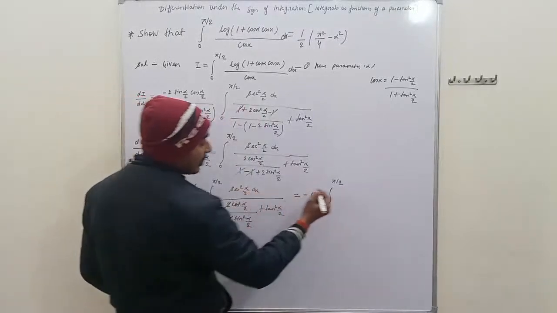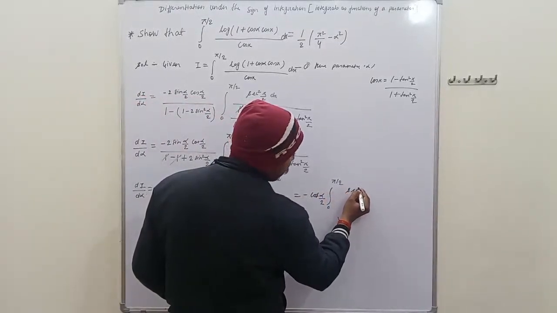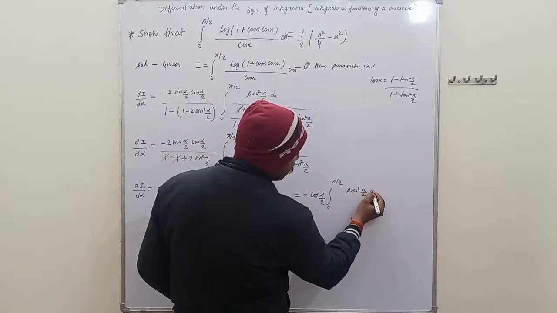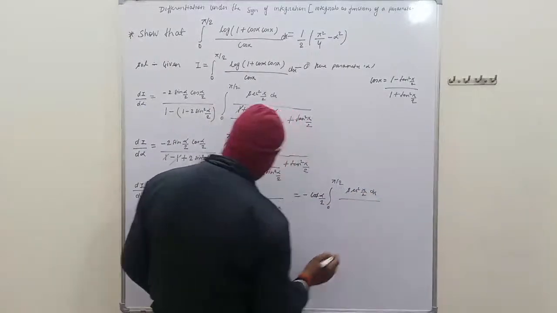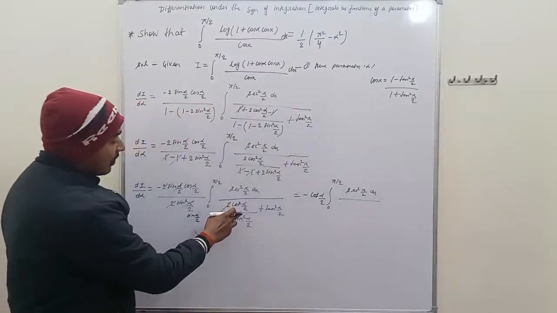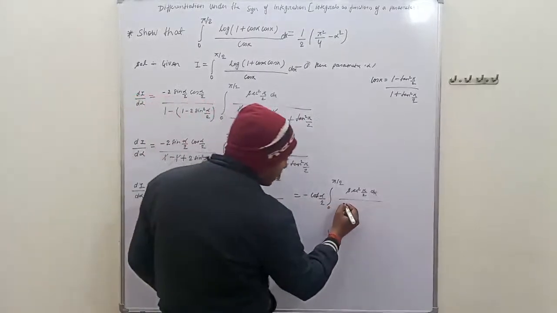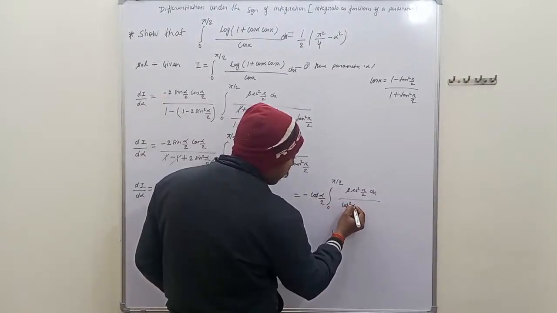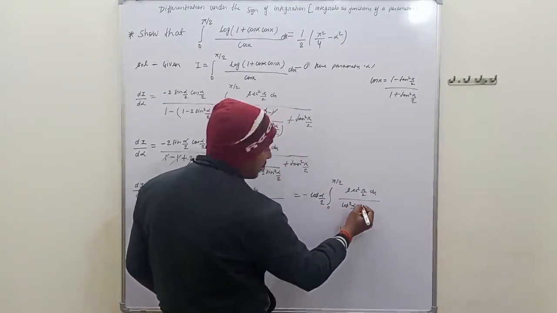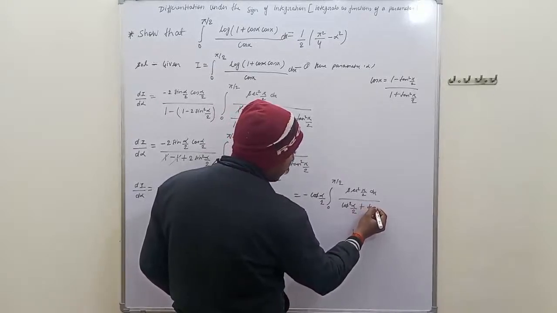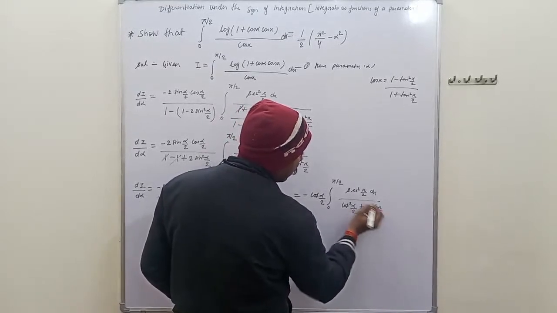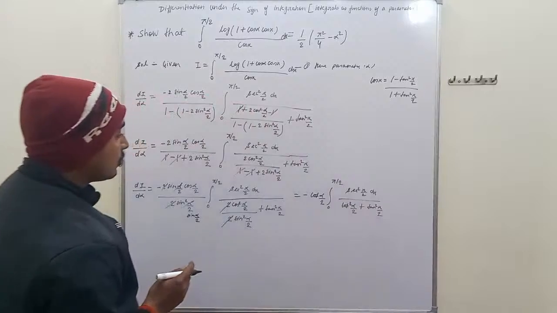In the numerator we have sec square x by 2 into dx upon cos square alpha by 2 upon sin square alpha by 2, which is cot square alpha by 2, plus tan square x by 2. Further from here we have to solve it.